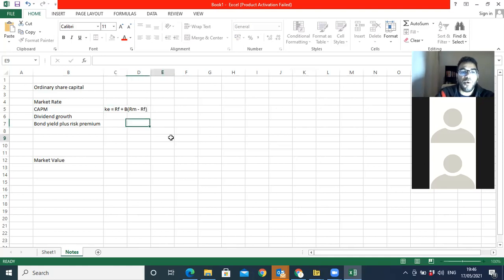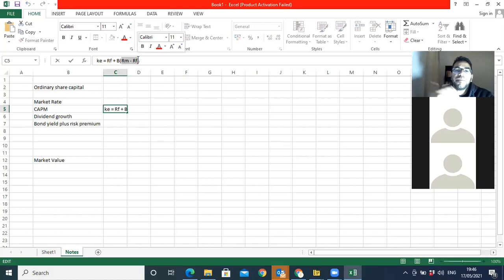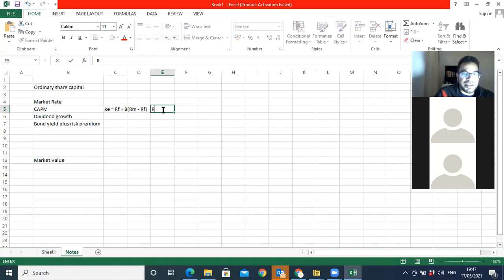Now, what's very important to understand, that RM, market rate, minus RF, risk-free rate, represents your risk premium. So just take note, risk premium equals RM minus RF.